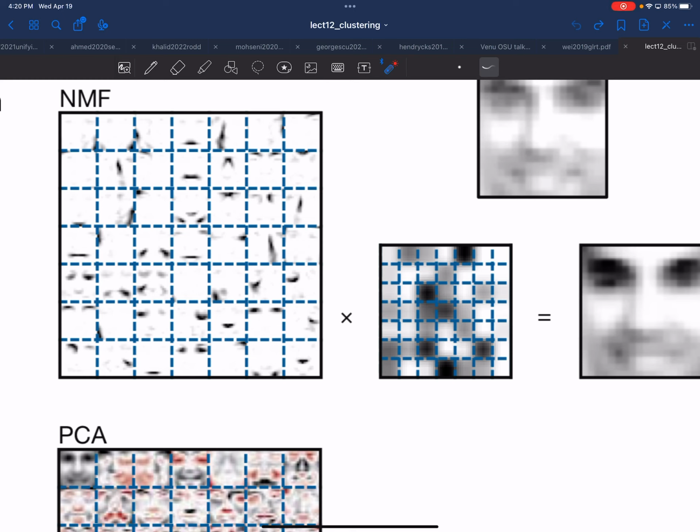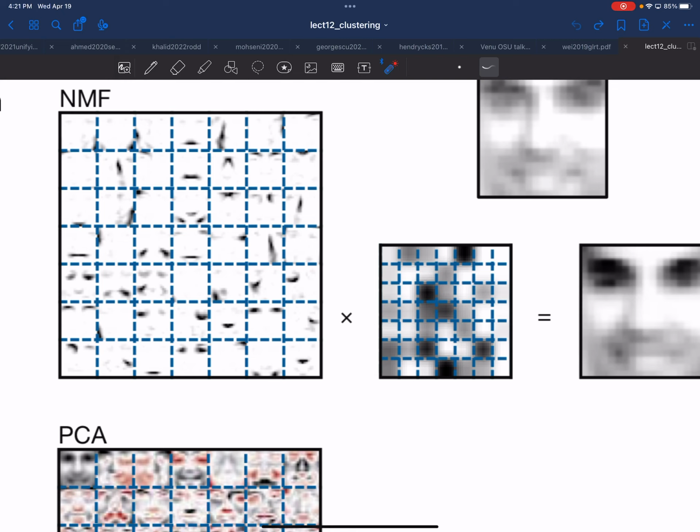And it's also interesting when you actually look at what you're building here. So when you look at different examples of these, you can actually see the parts of the face you're reconstructing. So here you see some eyes, you even have an eyebrow and an eye here. Or in some other cases, you have a shadow under the chin, or maybe a shadow under the nose, or maybe a shadow to the right of the nose, or a shadow to the left of the nose.